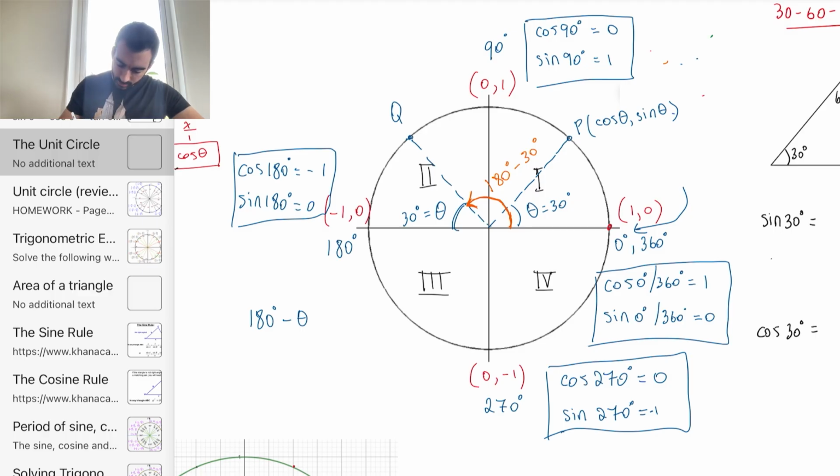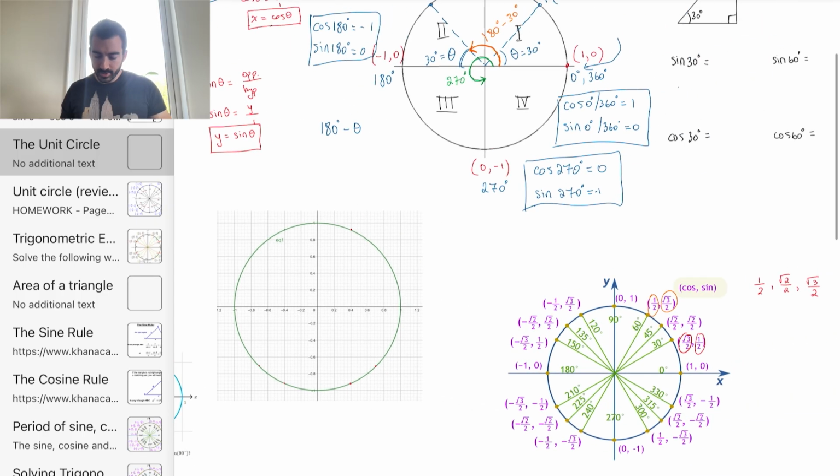This angle here, all the way to 3/4 of the circle, is 270 degrees. And one whole round anti-clockwise is 360 degrees.